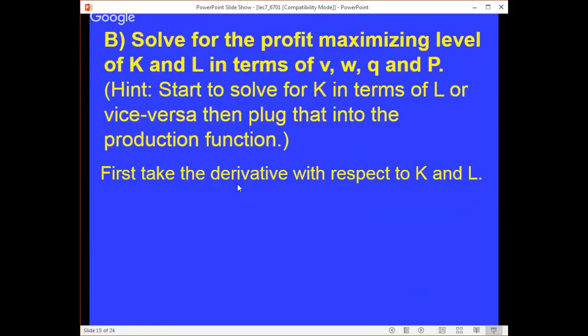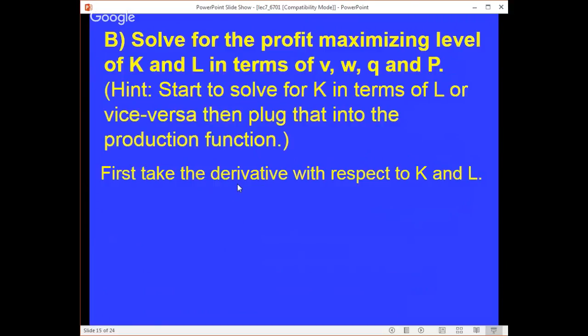So the first thing I want to do with that production function is to take our profits, and I want to take the derivative in terms of K or L. Actually, both, but one first and the other. So I have my profit function.